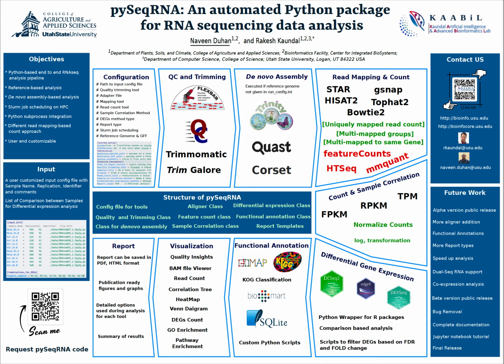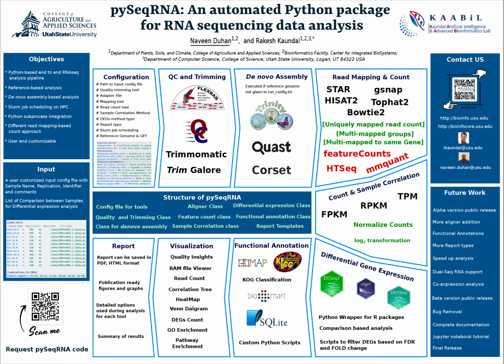Then a user can convert the counts into fragments per kilobase per million, FPKM, RPKM, TPM, and then they can create sample correlation based on FPKM, RPKM, Pearson method. Then they can convert counts into normalized counts, or they can transform the counts with log2.